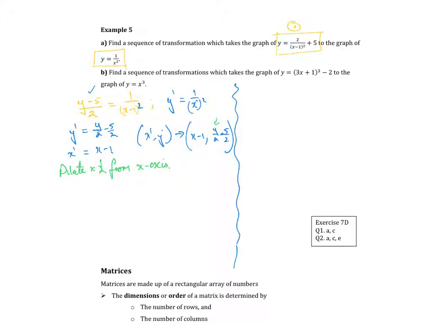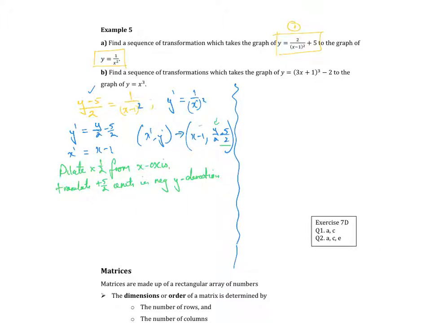And then I've got some translations, and then I can translate. What's that, a minus 5 on 2 it is, so translate negative 5 on 2 units, or actually let's make it 5 on 2 in the negative, so if my y value is being subtracted, it's in the negative y direction.